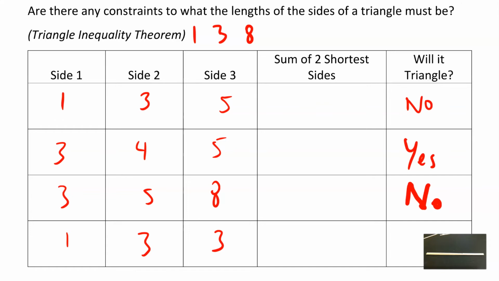What about a 1, 3, 3? You might be thinking, these other ones didn't, so maybe the 1, 3, 3 won't. I'm not real sure. Let me grab my 1, a 3, and a 3, and let's see, can we make a triangle out of these 3 pieces?